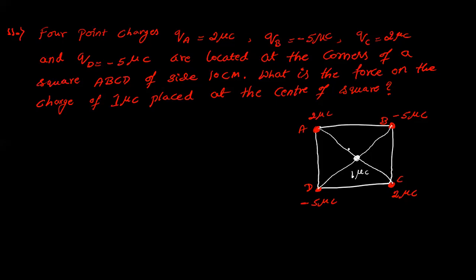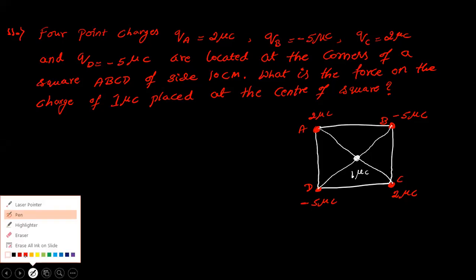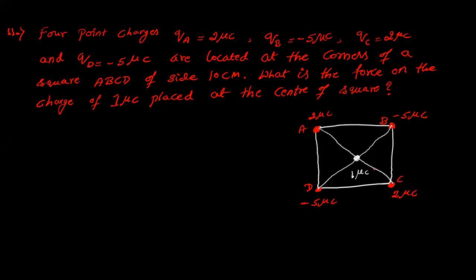Observe, since the charge A is positive, it gives electric field lines radially outward. Here the FA comes, and along the same diagonal, the charge C is present. This is also positively charged, then the force is going like this.